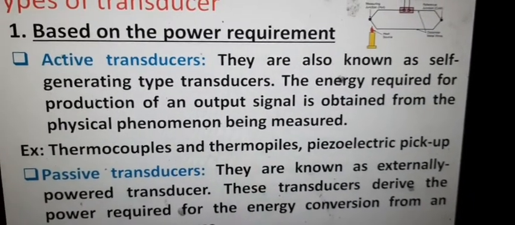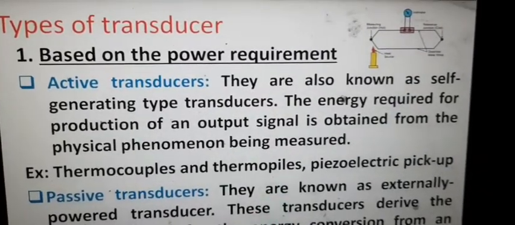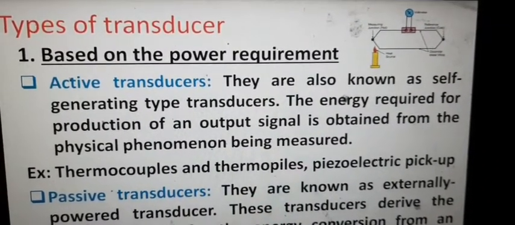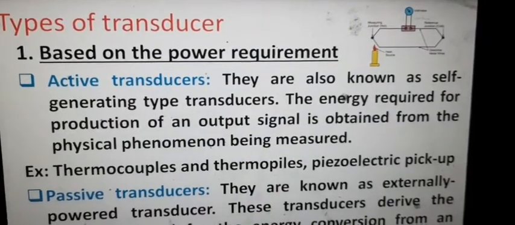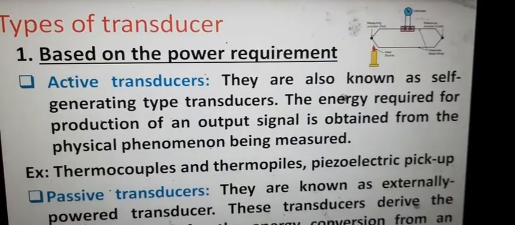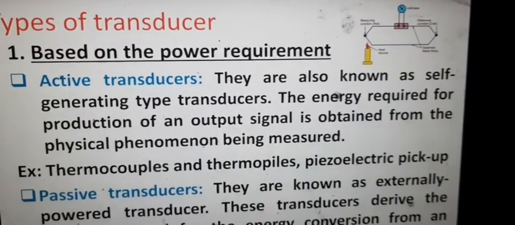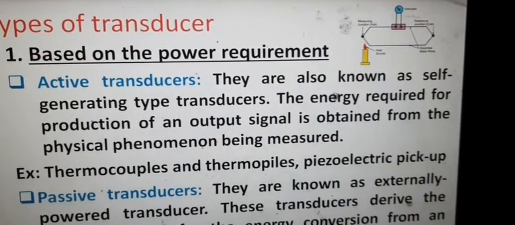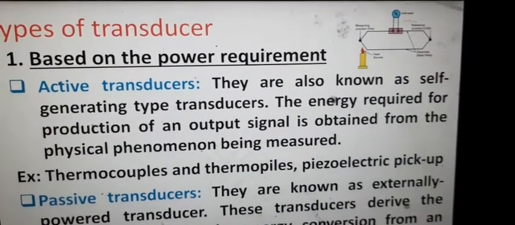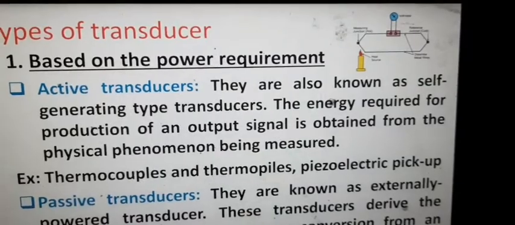And the examples of active transducer are thermocouple, thermopile, electric pickup, etc. To discuss the active transducer in detail, consider a thermocouple. A thermocouple basically consists of two different wires connected at two ends, and they form two different junctions.